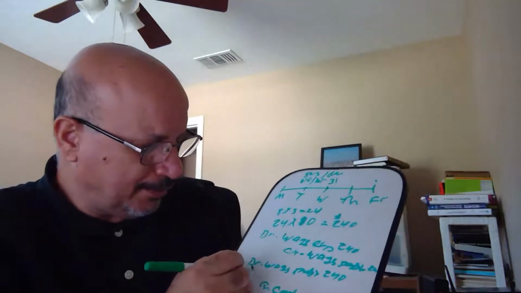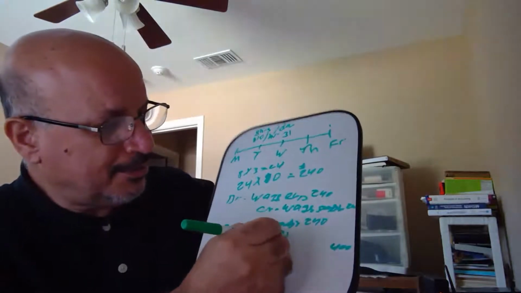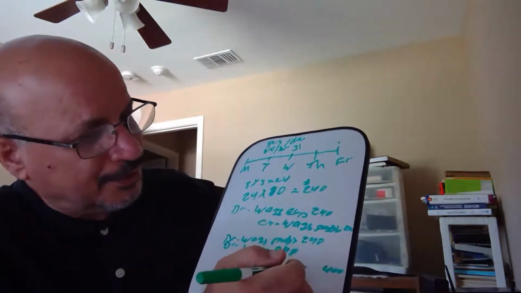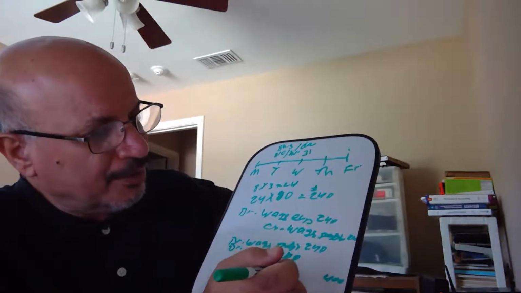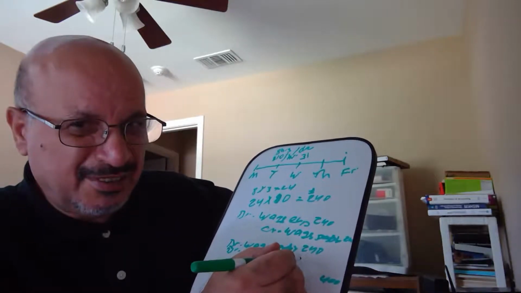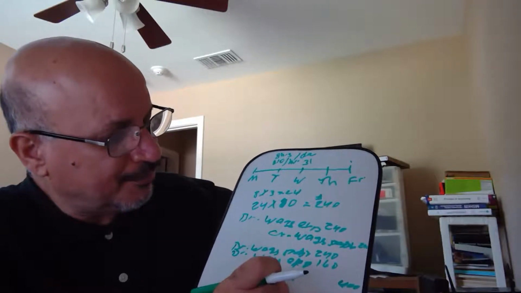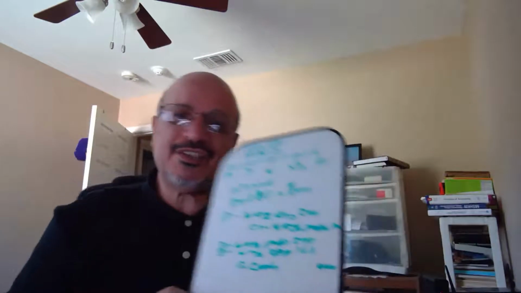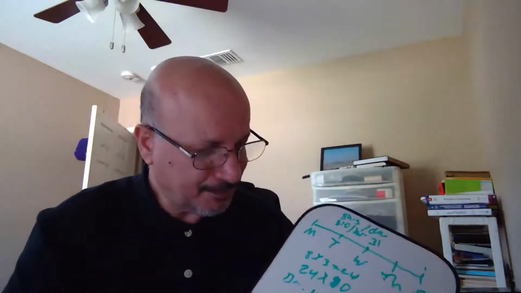So we debit wages expense for 400 minus 240, 160. Okay, so that is, guys, an example of accruals.